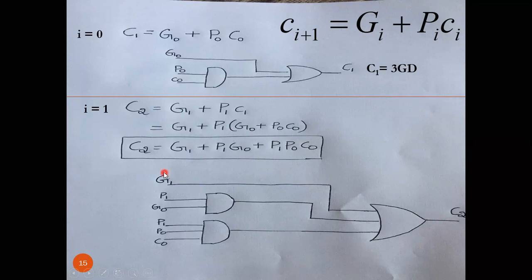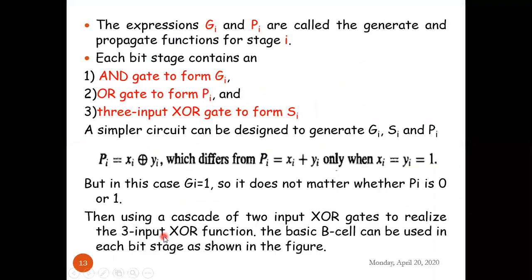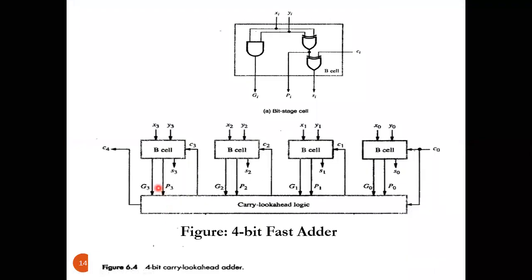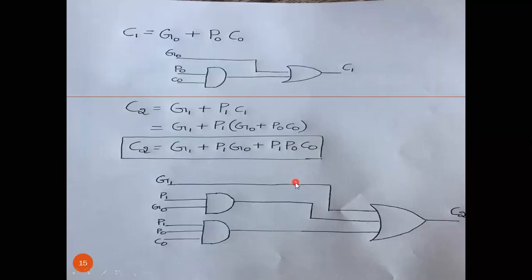Now, as I told you, all these functions G1, P1, G0, P0 will be available after one gate delay, because all the inputs here are applied simultaneously. So all my generate and propagate functions will be available after one gate delay.